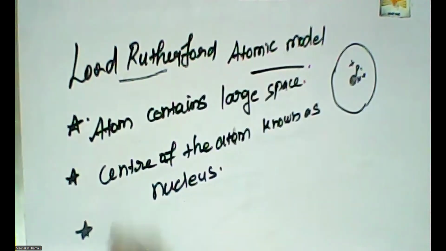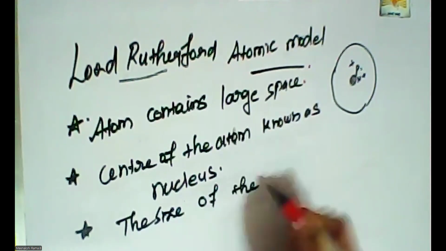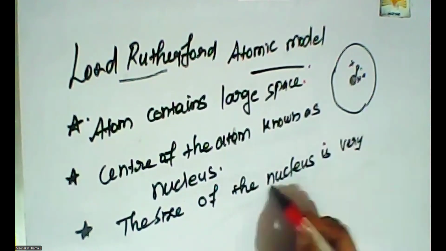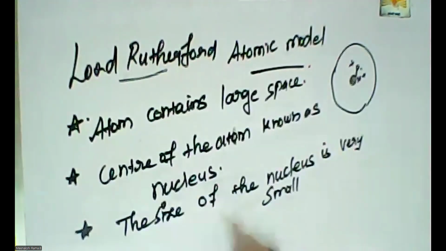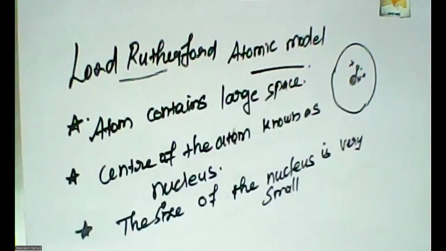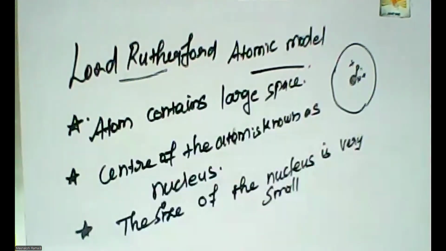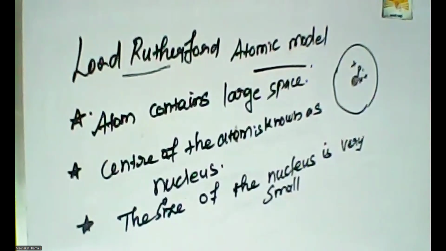So the size of the nucleus is very small compared to the atom size. To recap: the first point, the atom contains large space, and the center of the atom is known as the nucleus. The size of the nucleus is very small compared to the atom size.